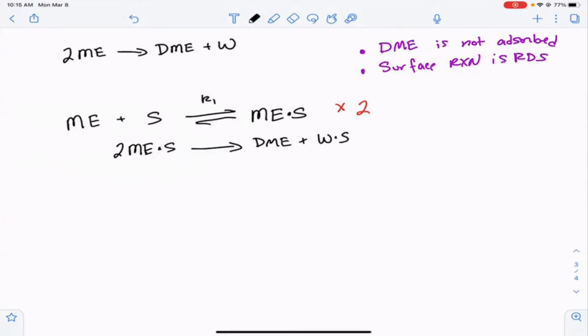And then to have a balanced reaction, right, we have two sites here. We know that we have to get a site back, right? And that's K2. And then the last step in the mechanism is to get our final product off of the surface. So we know then that this is just W dot plus S.